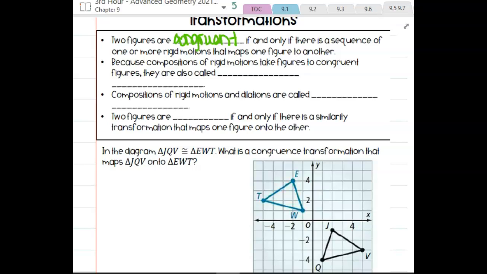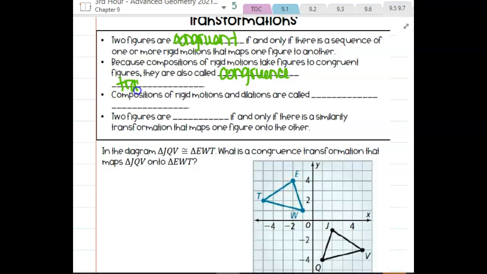We mentioned on Monday, well, if it preserves angle measure and distance, it means that those figures are congruent.